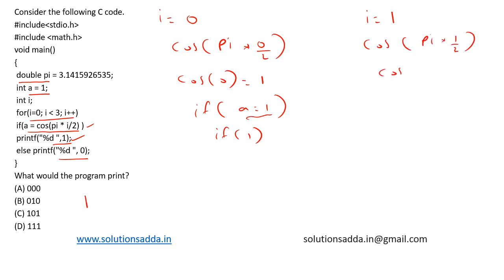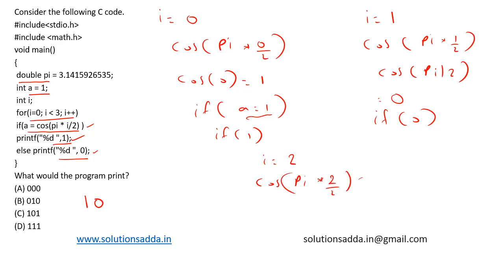Now for I equal to 1, we get cos pi into 1 by 2, that is cos pi by 2. Cos pi by 2 is equal to 0. So the if will not get executed and we execute the else part, that is printing 0. Now if I equal to 2, we get cos pi into 2 by 2, that is cos pi, equal to minus 1.